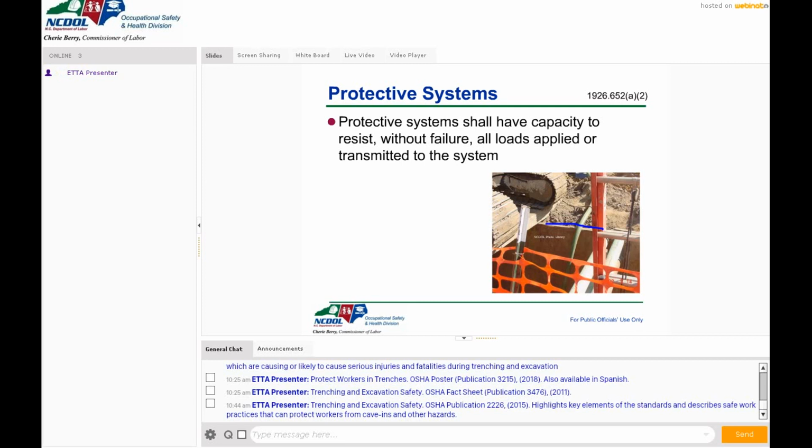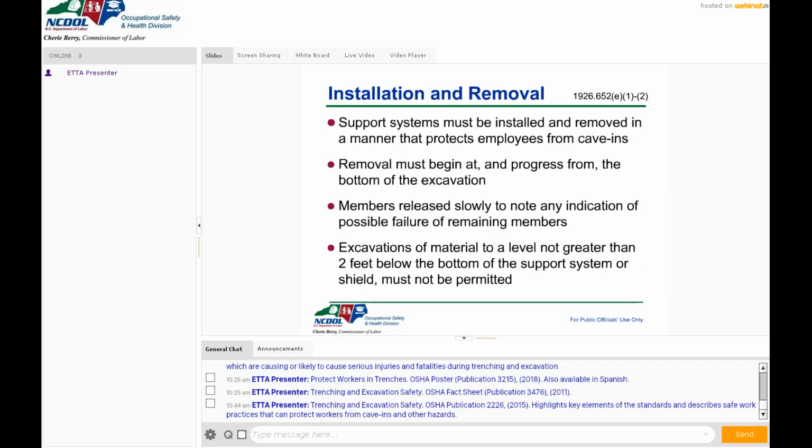Because one of the things we're going to ask is, what's the tabulated data for that particular trench box? And can you put that load on there like that? And if they can't answer the questions, they haven't got a registered engineer involved. Now we've got a situation where you're going to end up getting cited for several things. Now, insulation removal is pretty much the same thing.